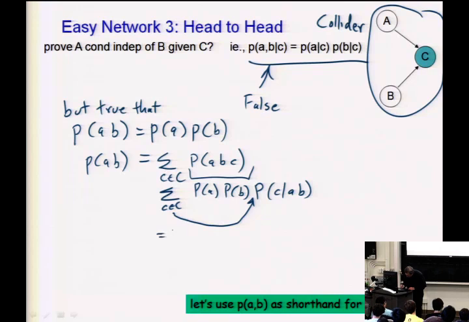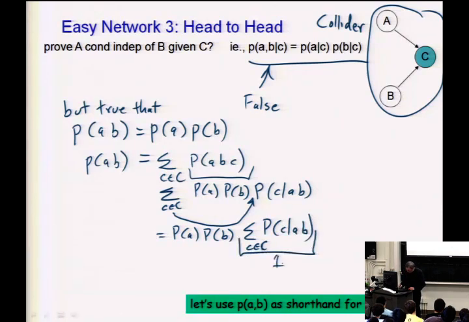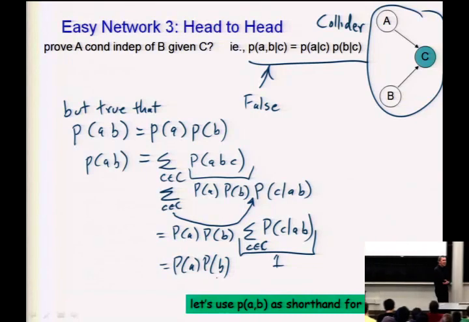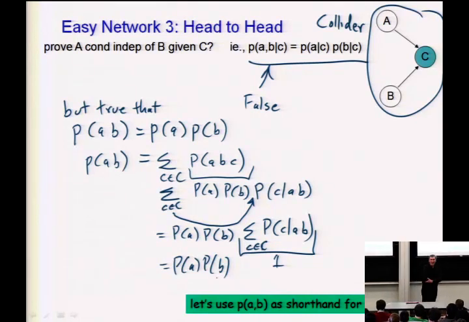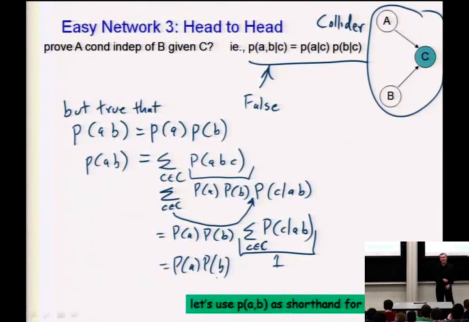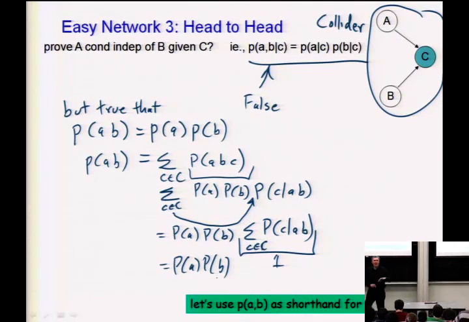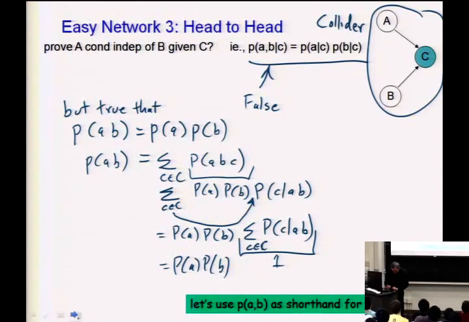So that's equal to P of A, P of B, sum over C of P of C given a particular A and B. And of course, that's 1. Okay, so these things really are marginally independent. It's just that if we condition on C, that independence goes away. Because the only way we get that marginal independence is leveraging off the fact that C's got to be something, and so that term just kind of falls away. Okay, so that's what's going on.